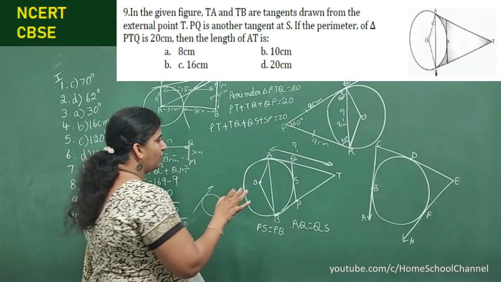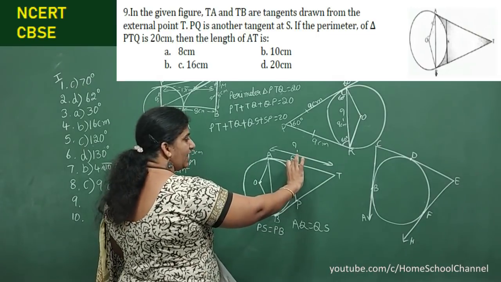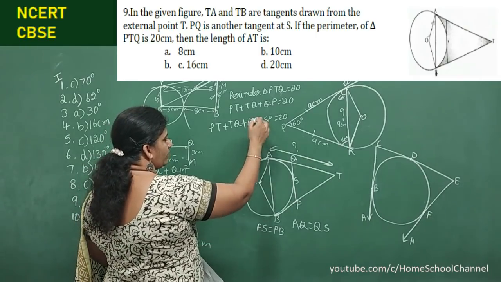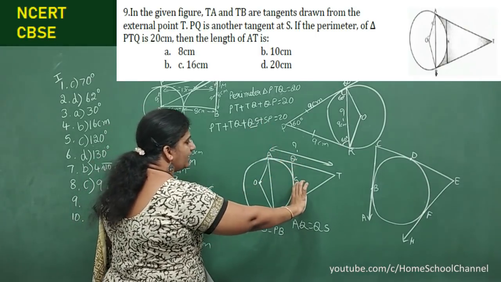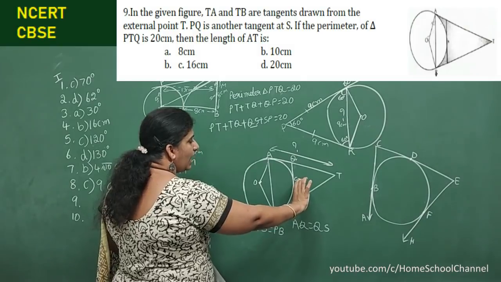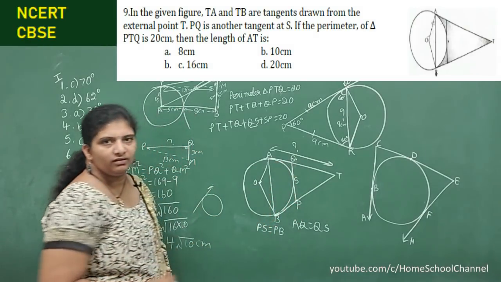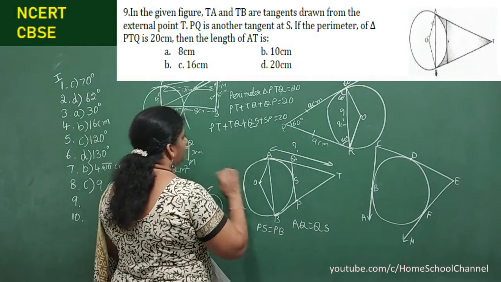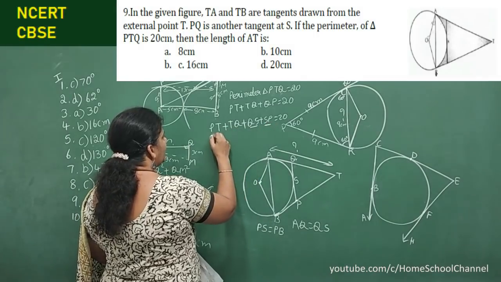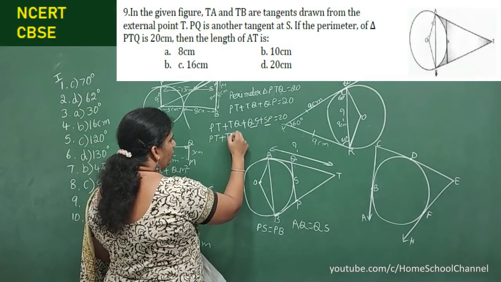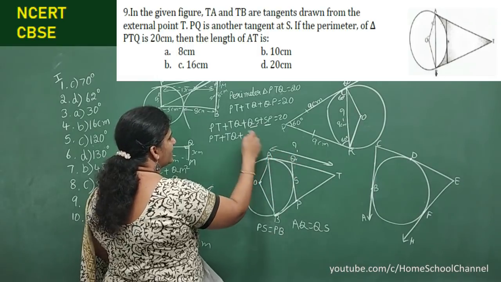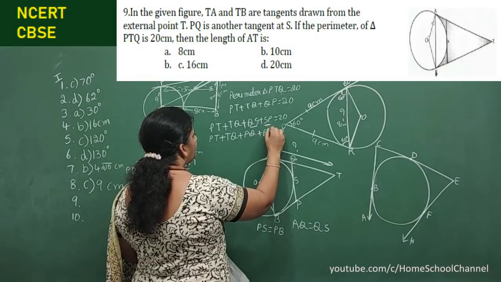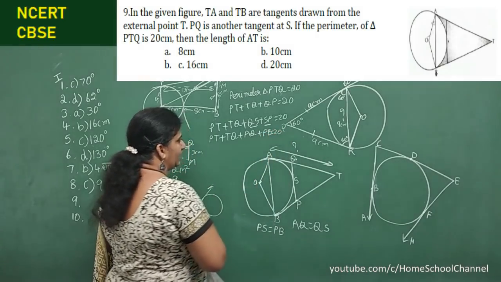Now, instead of QS, I write QA. And instead of SP, I write PB. Now, PT plus TQ plus QS, meaning AQ, and SP, meaning PB, is equal to 20.